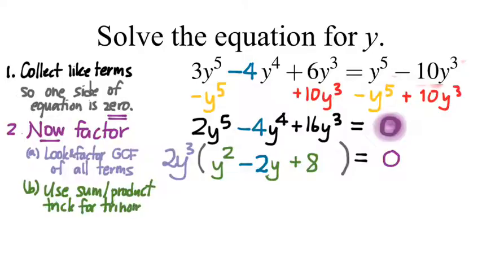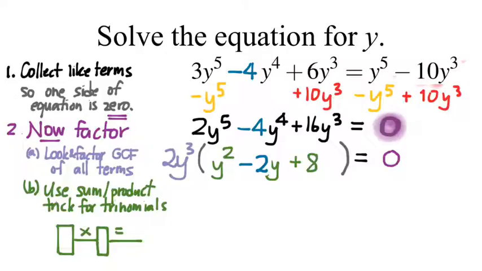And we can get away with that, again, because this particular trinomial has a leading coefficient of 1. Right? There's no extra coefficient in front of my y squared, so I don't need to use the technique we talked about last time, the method of the a's and the c's. So we'll just use the sum and the product technique, which tells me that if I can find a pair of numbers which multiply together to give me 8 and which also add together to give me -2, then I'll be in business.